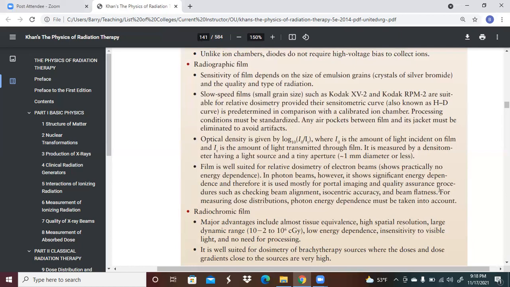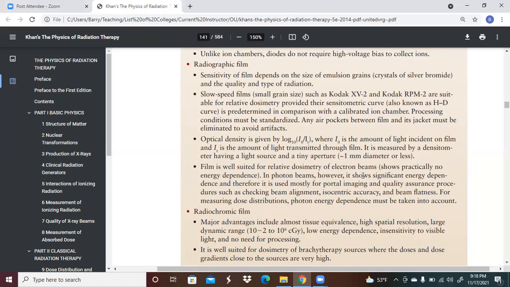And it can also be used for quality assurance procedures such as checking beam alignment, isocentric accuracy, and beam flatness. One thing that I do see film used for quite a bit, at least in our clinic, is to measure what electron doses are on a patient.